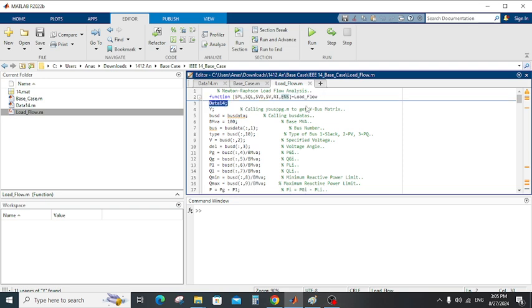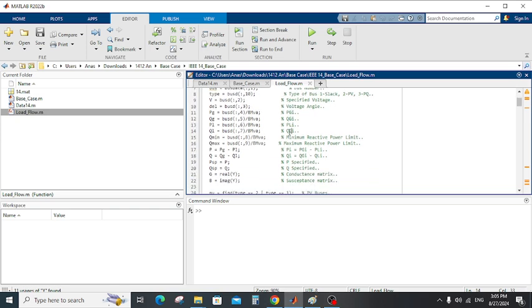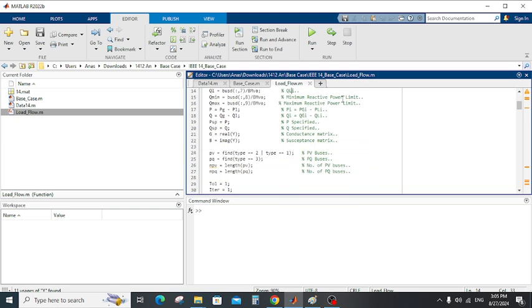And after that, we call the network data, as you see here, the Y admittance, and then we prepare that data: the base MVA, number of buses, type of buses, slack or PV or PQ, specified voltage, voltage angle, generation power, reactive generation, power load, load reactive, the minimum reactive power limit, the maximum reactive power limit, and then we calculate the difference power, that means the flow power.